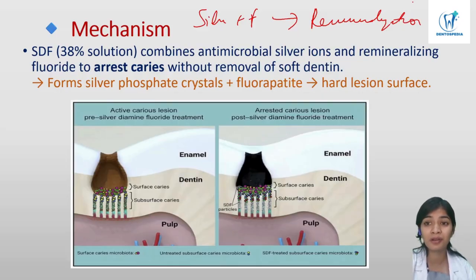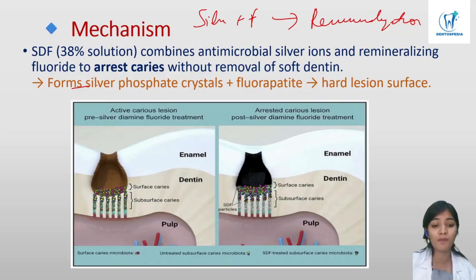It reacts with the tooth mineral to form a hard, acid-resistant layer of calcium fluoride and silver phosphate on the surface of the lesion, making the arrested lesion stronger. Now, diamine acts as a stabilizing solvent to carry the silver and fluoride ions. So these are some of the mechanisms of action of silver diamine fluoride.